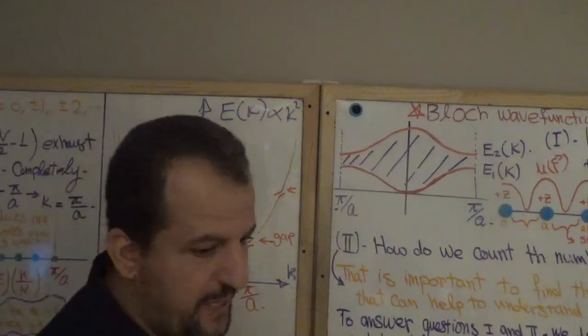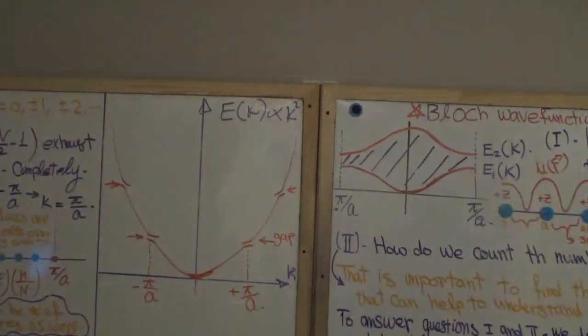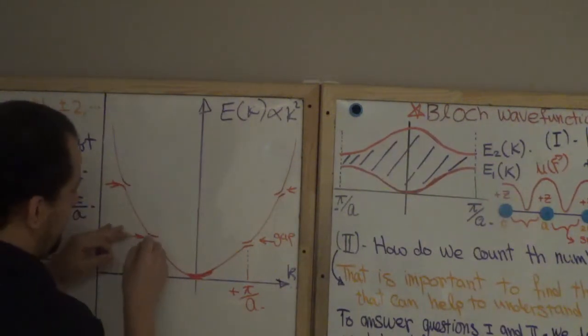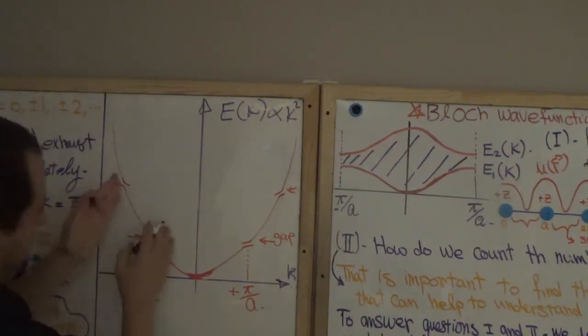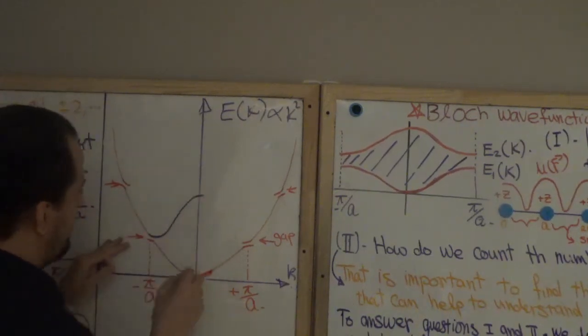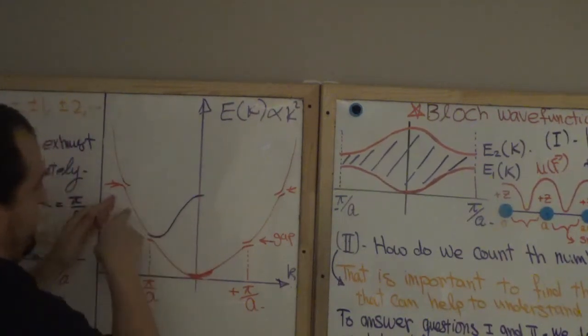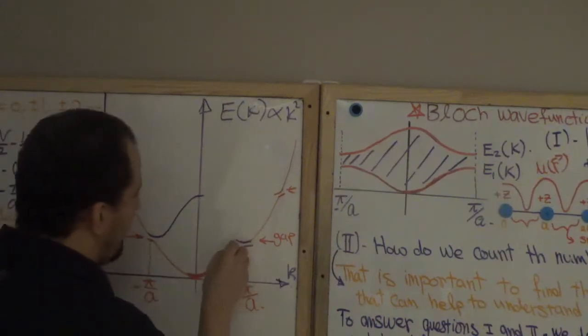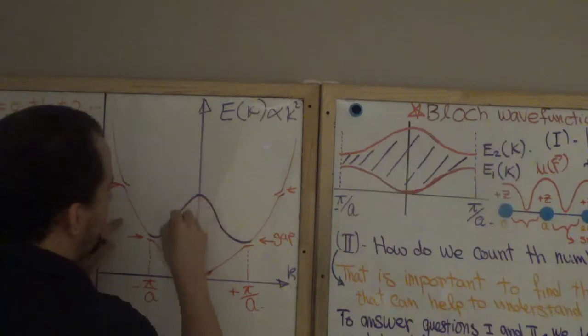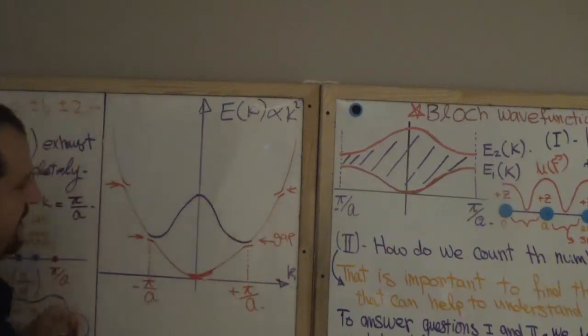So there is a periodicity, since we have this property, and also by applying the boundary condition, we can have something like this. We can flip this to the other side, so we can have something like this. So this portion represents this portion, and this portion right here represents that portion.